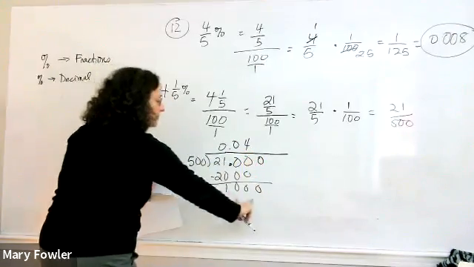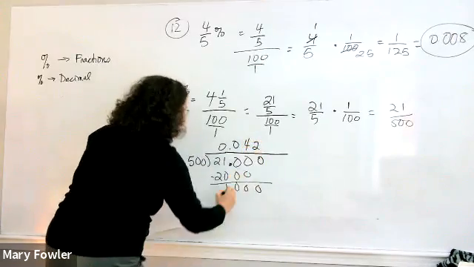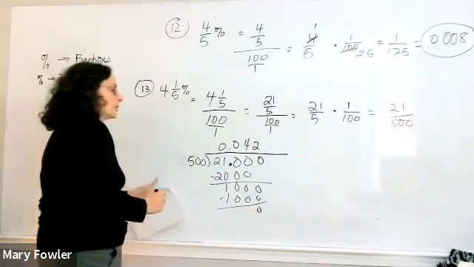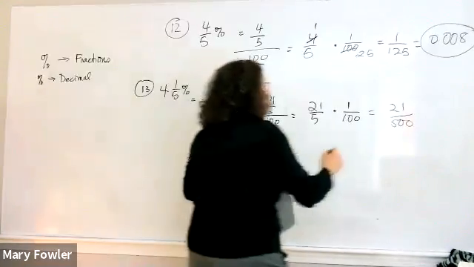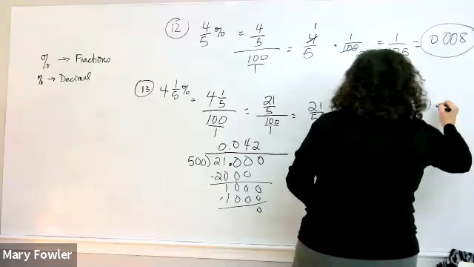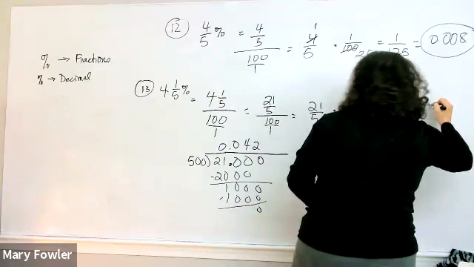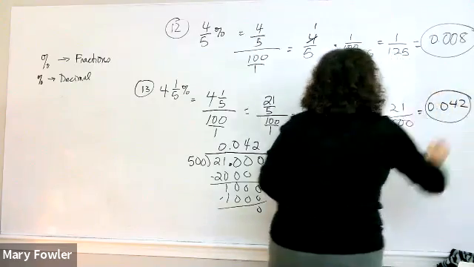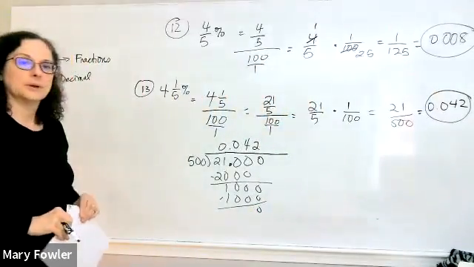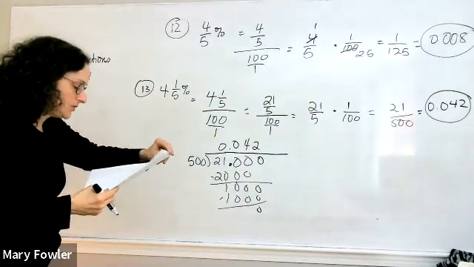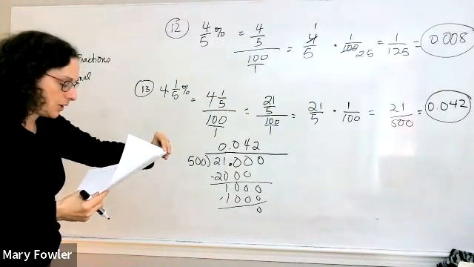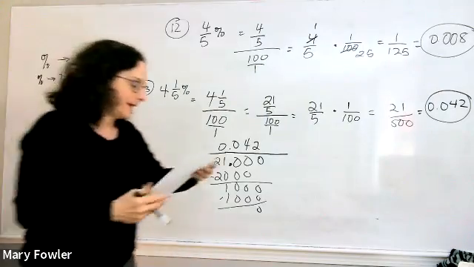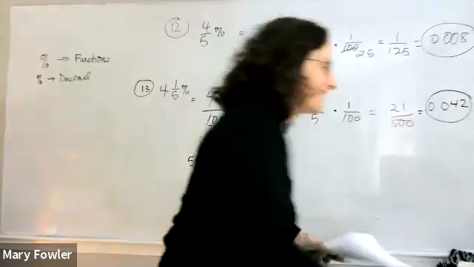And 500 goes into 1,000 2 times. And done. So we have that 4 1/5% is 0.042. Okay. All right. So I want you to pause the video and work on 4 through 18, and then I'll see you back in just a bit.